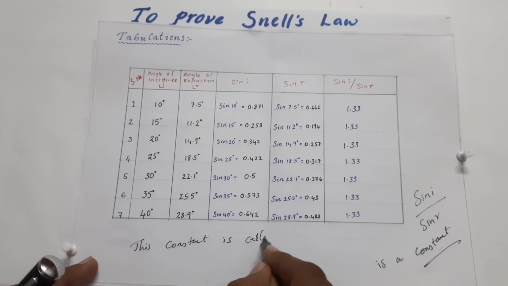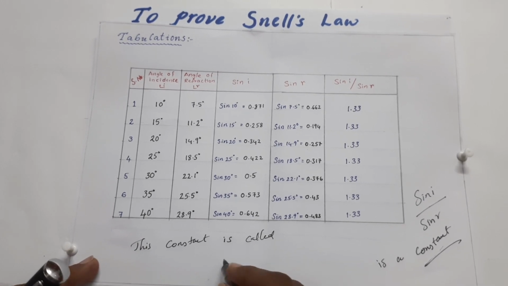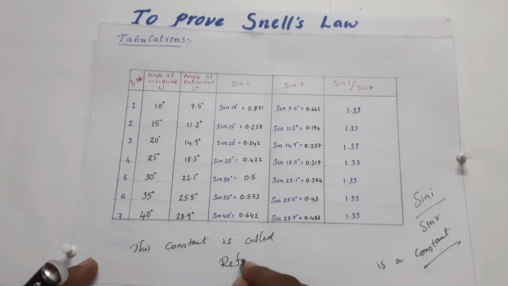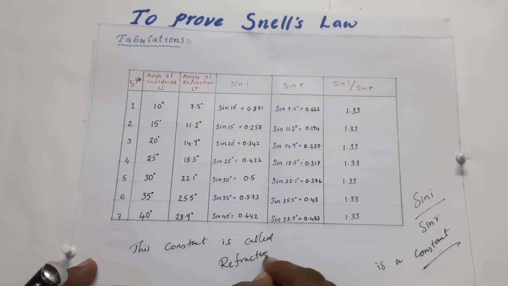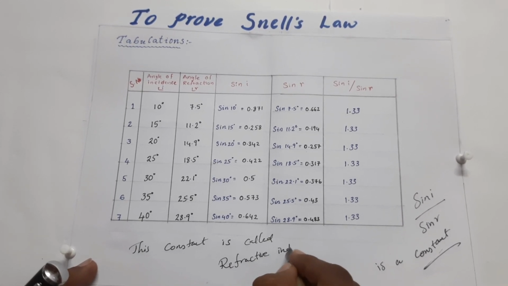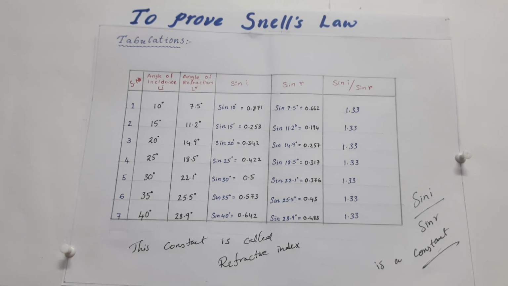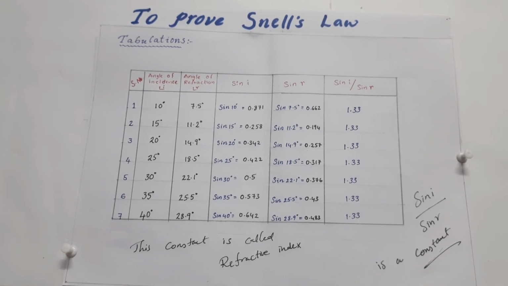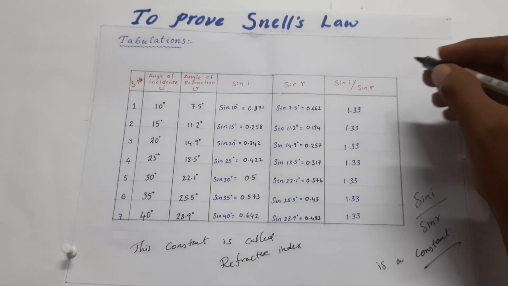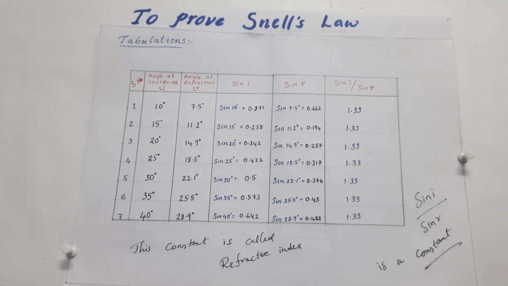This constant is called refractive index. So you can calculate by using these values. You may not get the exact values, but you can get approximately the same values.